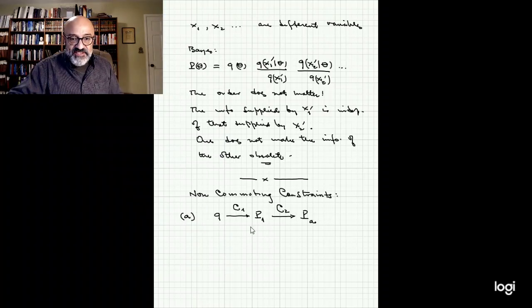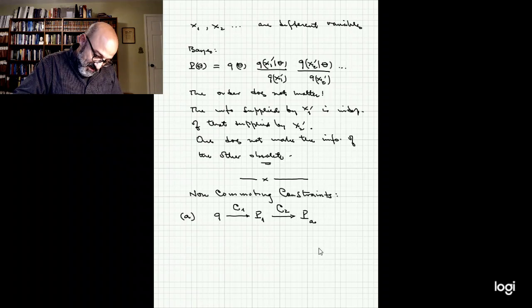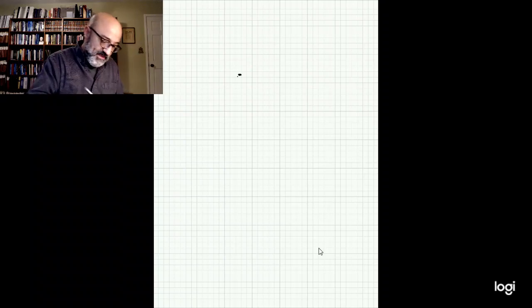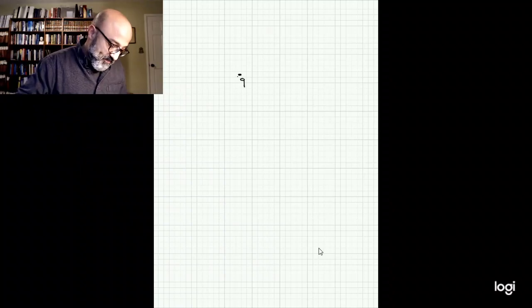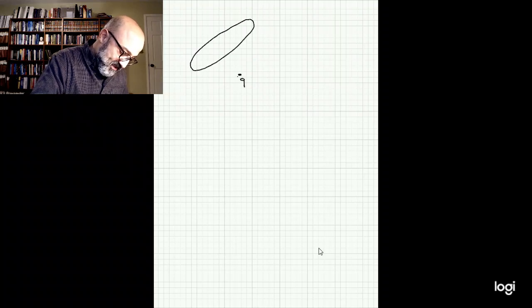Now, what is the situation here? Let me draw a little picture for you. In the space of all probability distributions, I have a prior Q. The space is the space of the page. That's the prior. And now I give you a constraint C1.